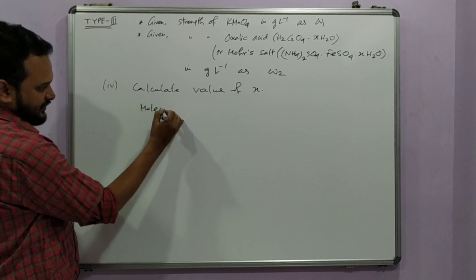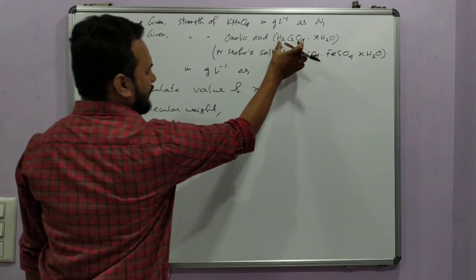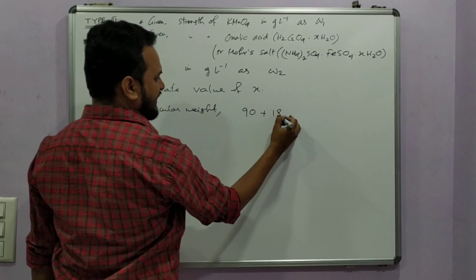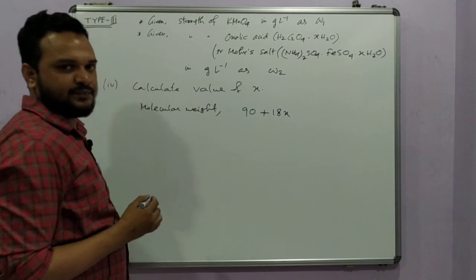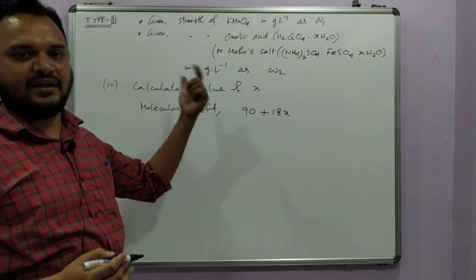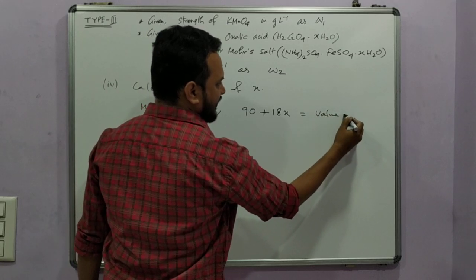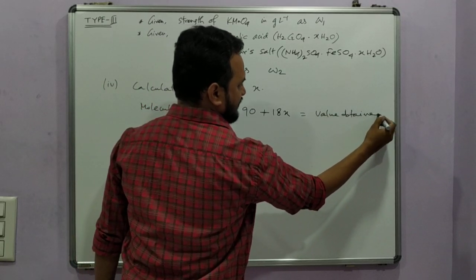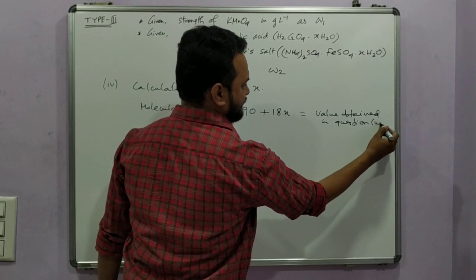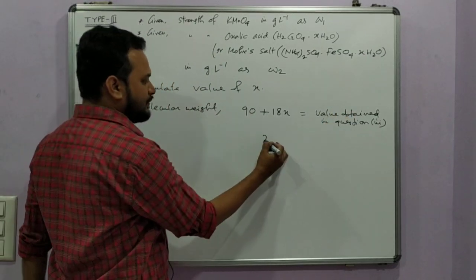Molecular weight, if it is oxalic acid, from H2C2O4 you will get 90, and for XH2O you will get 18X. So this is the molecular weight, and you have determined one molecular weight in question number 3, that is the strength in gram per liter by the molarity. So this will be equal to the value obtained in question 3. So 90 plus 18X equals that value. From that you can calculate X.